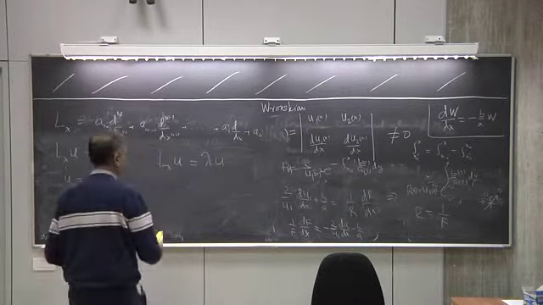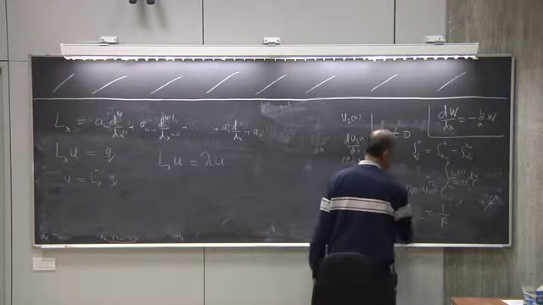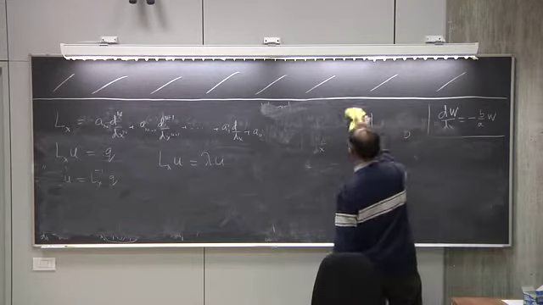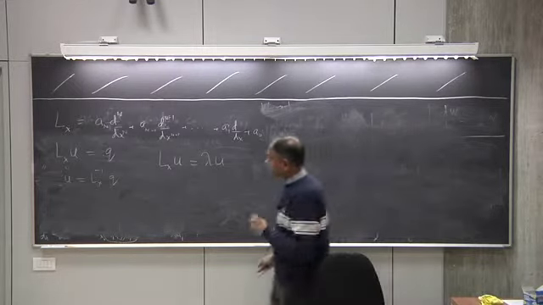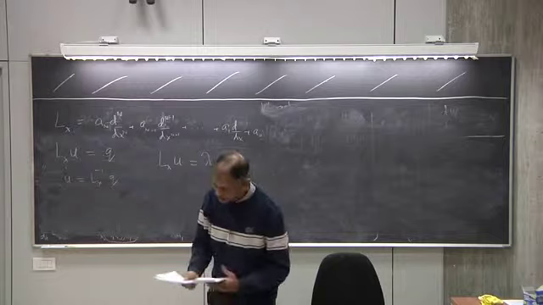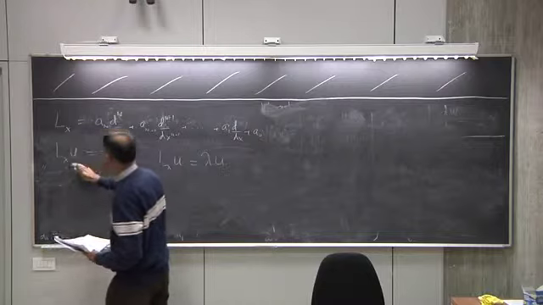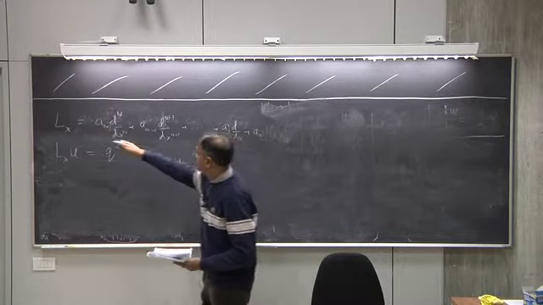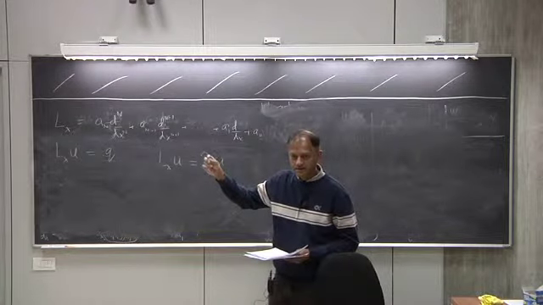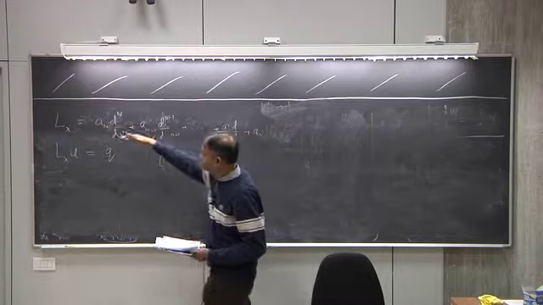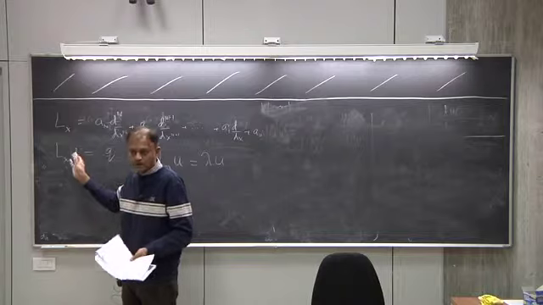Today, I think I'll just start with some basic definitions. This operator is acting on some functions u. We will always call such an expression a formal expression, because when I write such an expression, I'm not specifying any conditions on what kinds of functions it should act on, meaning no boundary conditions have been specified.